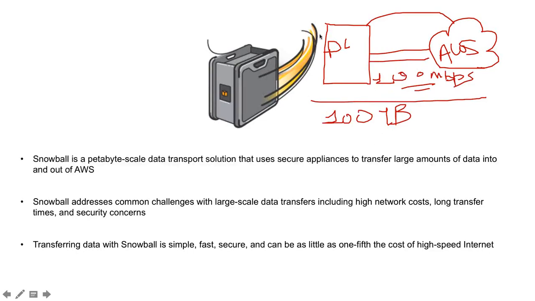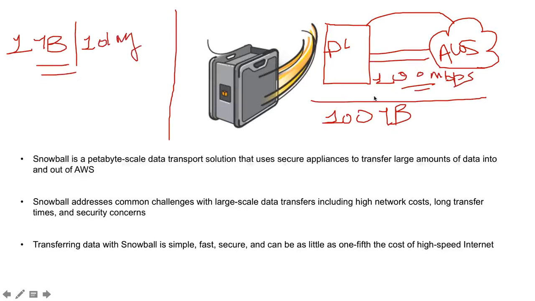Now, even if you are going with 100 terabytes of data to be transferred over the 100 Mbps link, on an average you can transfer 1 terabyte of data each day, which means for 100 terabytes it will take you about 100 days to transfer this entire content from your data center to the Amazon Web Services cloud.